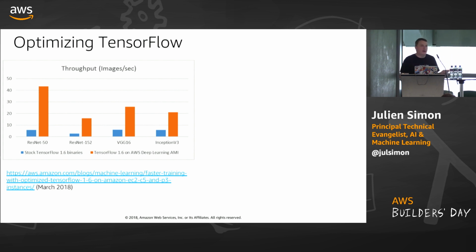The blue bar is the vanilla version, the one you could get in the TensorFlow repo. And higher is better, as you can imagine. That's the number of images you train per second. The orange bar is the TensorFlow version in SageMaker and the deep learning AMI. Thanks to optimizations that our teams do, you get 5x to 7x speed up.